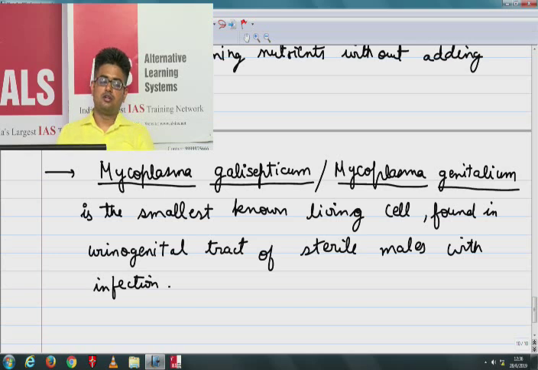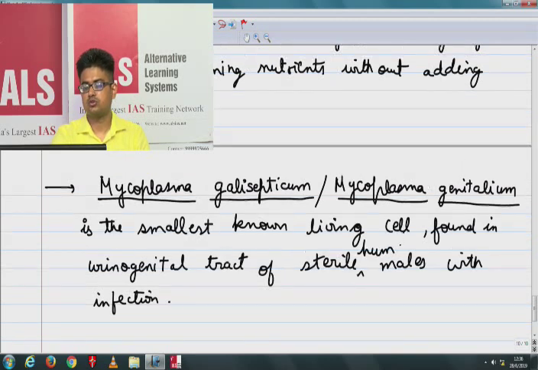So, a disease has been asked: Mycoplasma gallisepticum causes which disease? The answer is sterility in human males. Sterility in human males is caused by mycoplasma.